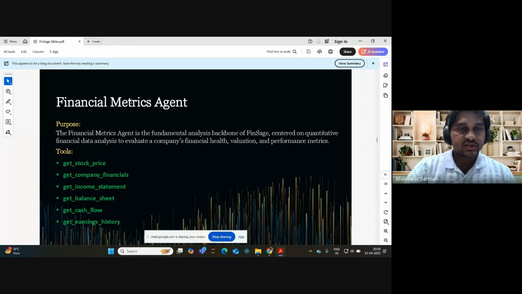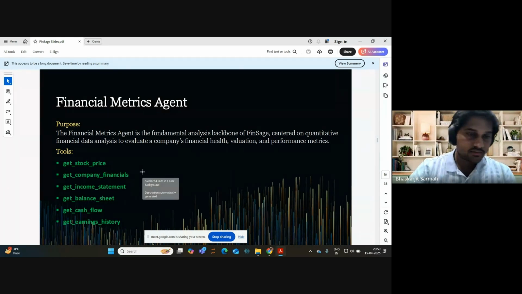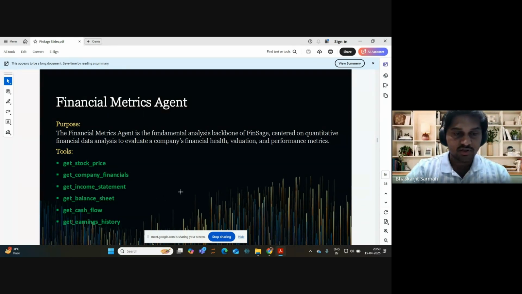Then the second agent is the financial metrics agent. This agent is actually the backbone of this entire tool, the trading Copilot, or FinSage. It is capable of analyzing the stock price. First, it fetches the real-time stock price. Then it fetches the company financials: income statement, balance sheet, cash flow, and its history.